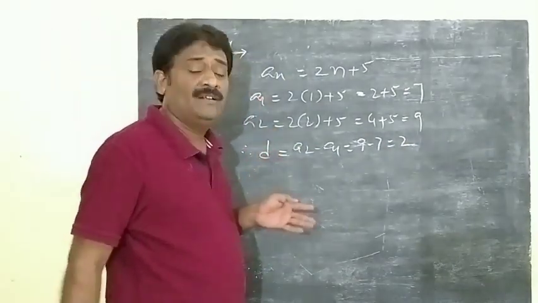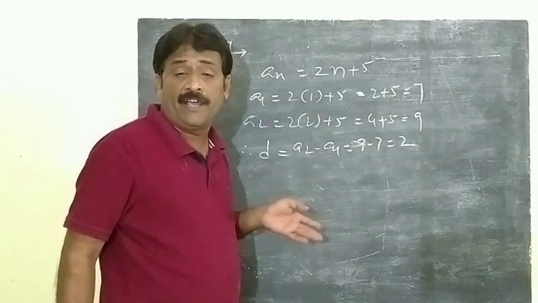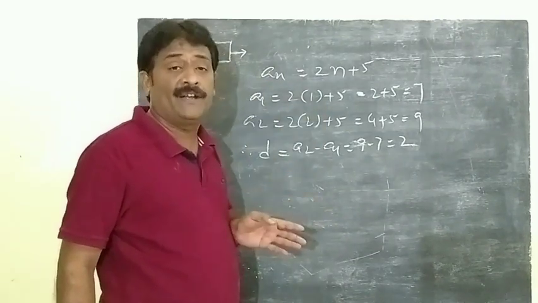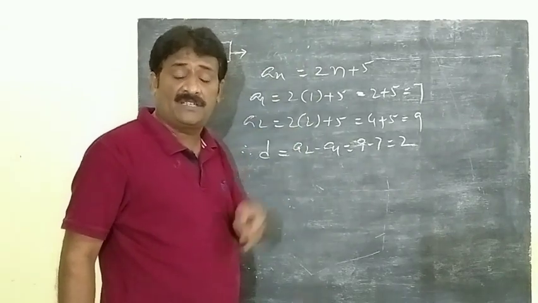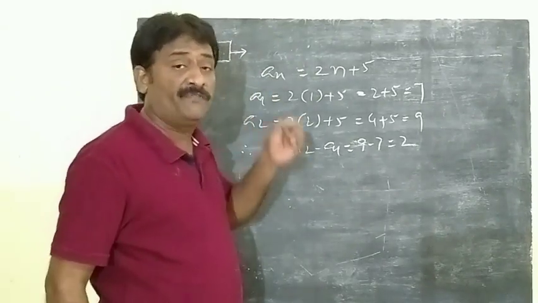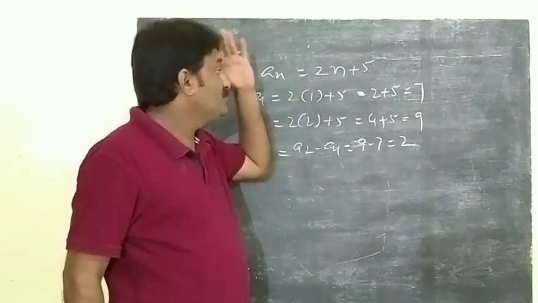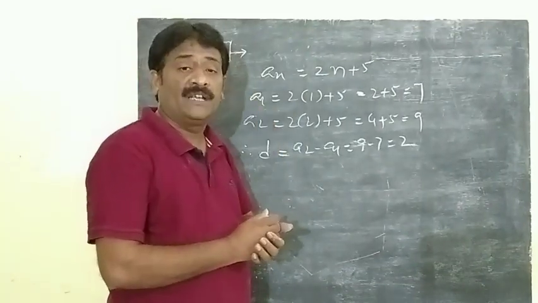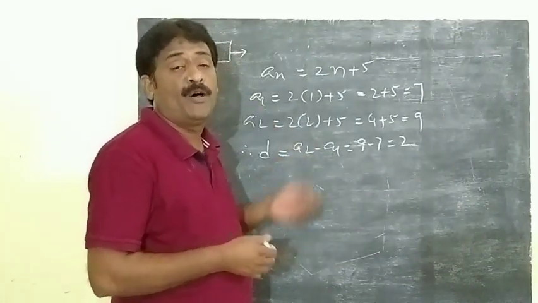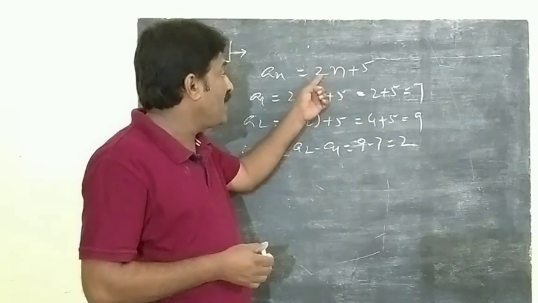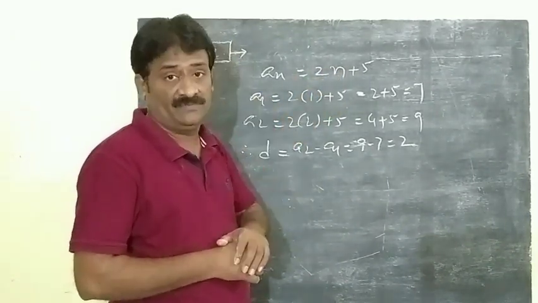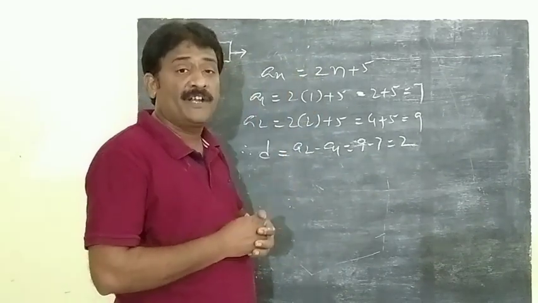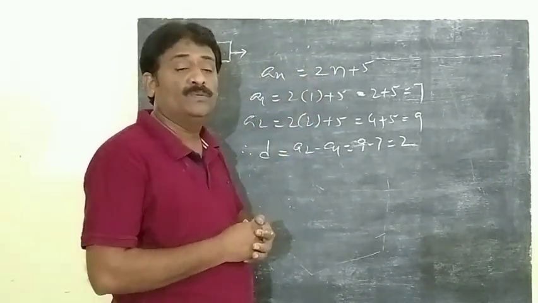So, when in an AP the nth term is given, then the common difference is the coefficient of the first degree term in the given linear polynomial. Here the coefficient of n is 2 because the degree of n is 1. So the common difference is 2.